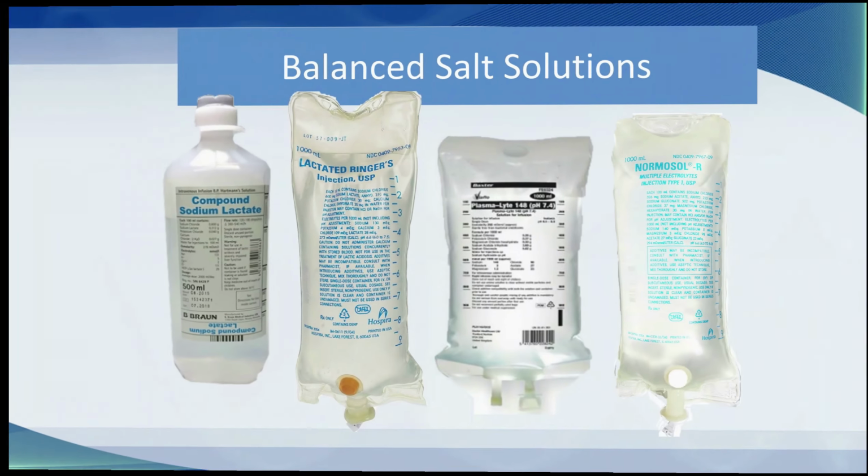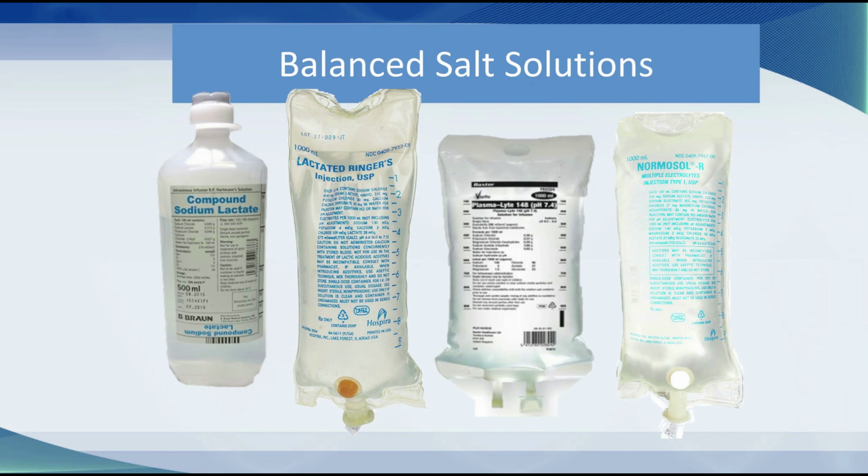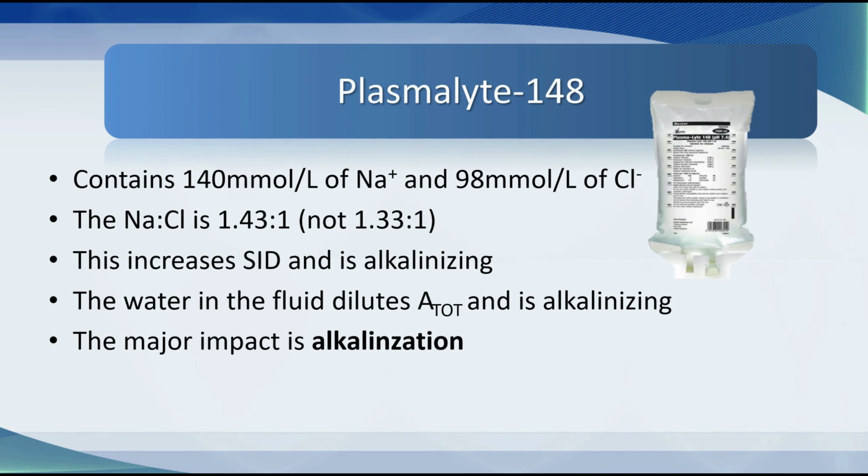Now let's look at the balanced salt solutions. Plasma-Lyte 148 contains 140 millimoles of sodium and 98 millimoles per litre of chloride. The sodium to chloride ratio is 1.43:1, not the usual 1.33:1 that we see in extracellular fluid.